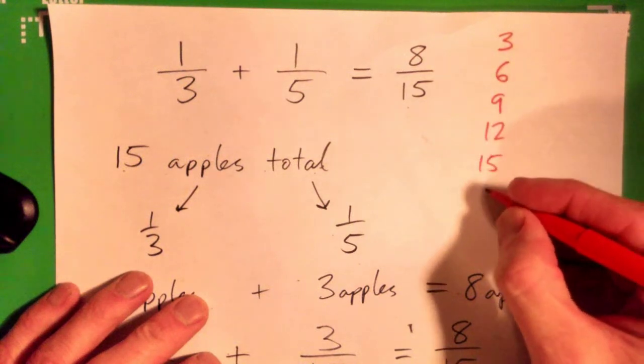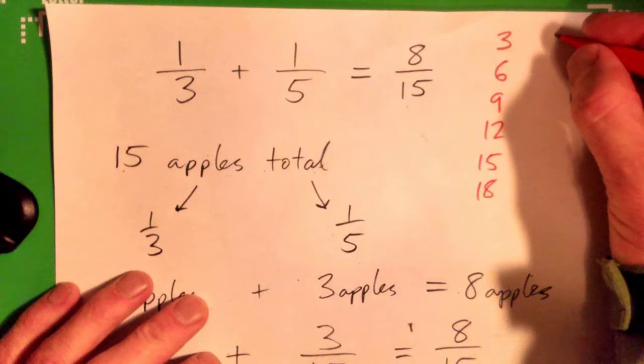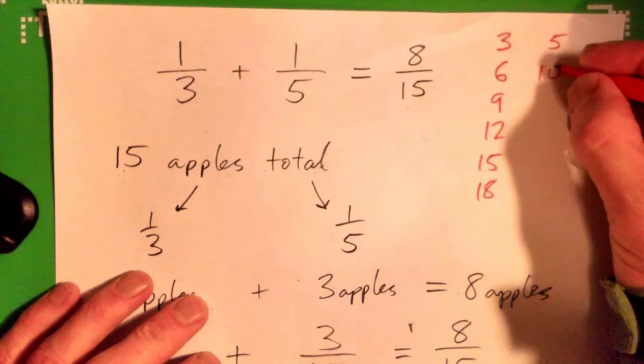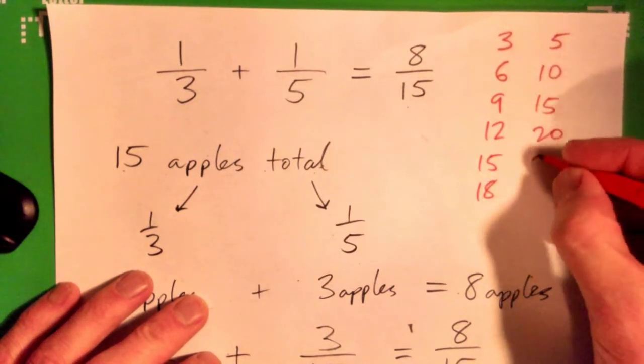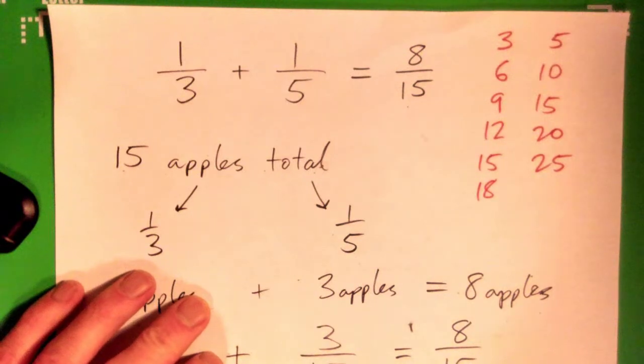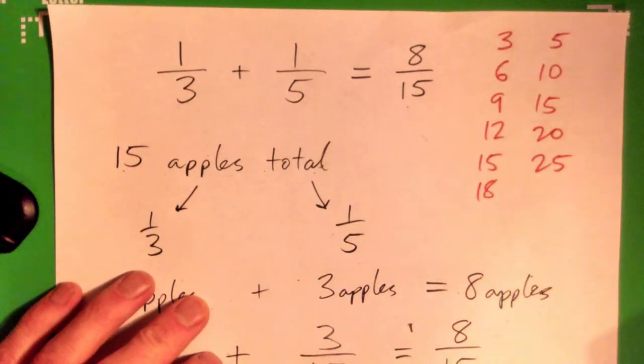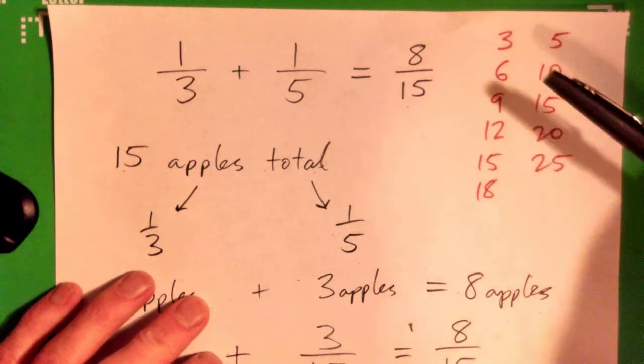Good. Now multiples of 5. 5, 10, 15, 20, 25. Now what number is common to both lists? What's the first number that appears here and here?